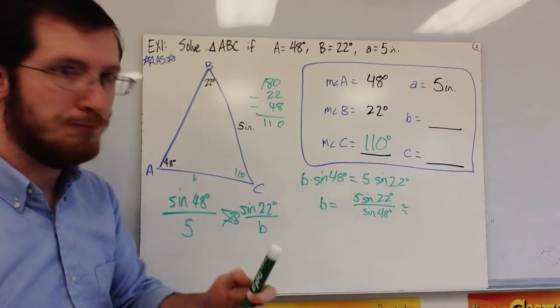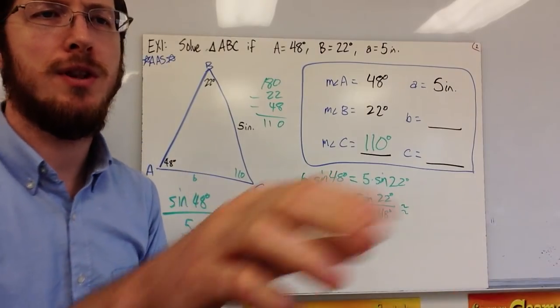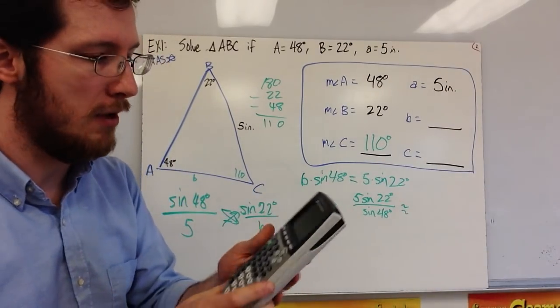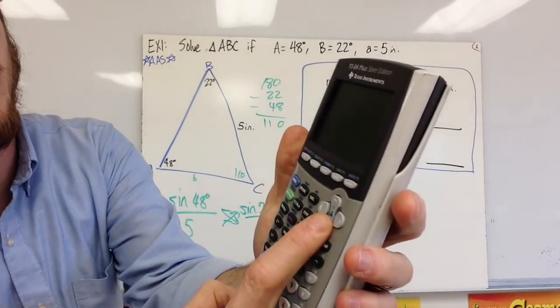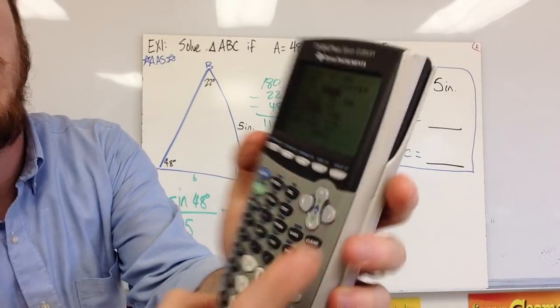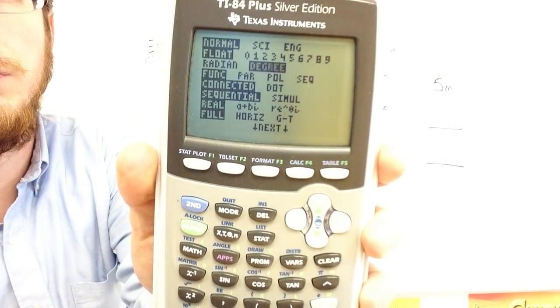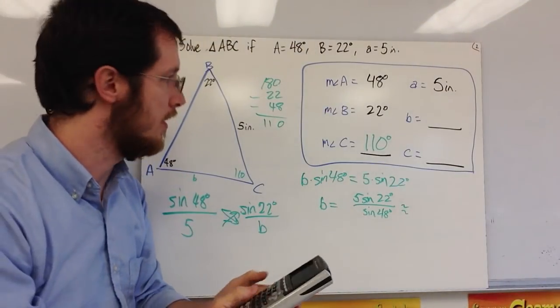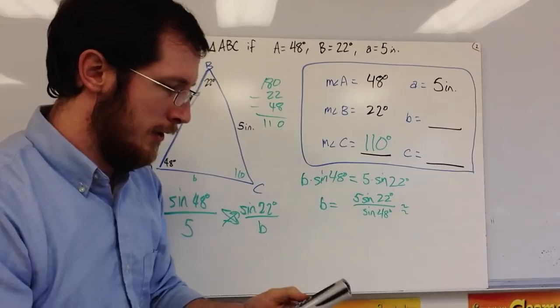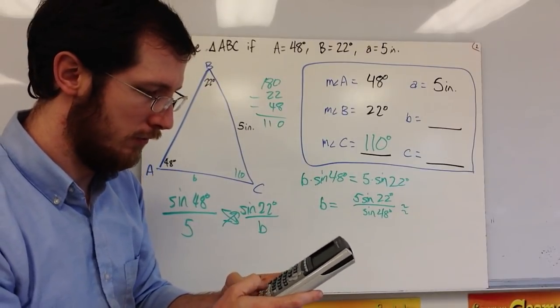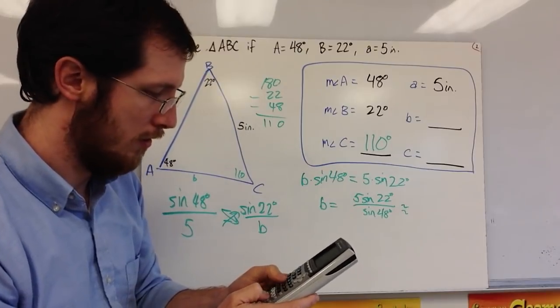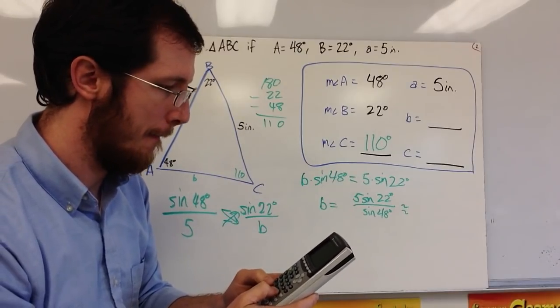In your calculator, make sure that you are in degrees mode. So make sure you're going into mode, and make sure that degrees is selected, since we're dealing with degrees. So go ahead and do 5 sine of 22 over the sine of 48.